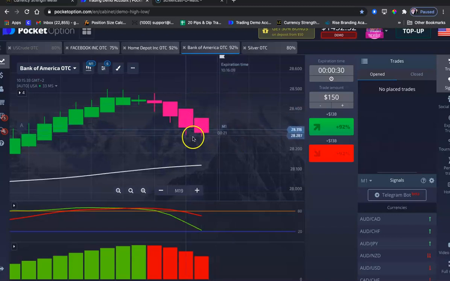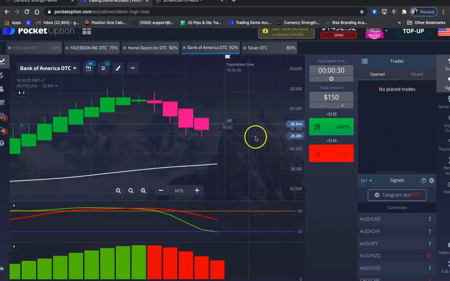I'm doing good. I'm not going to press my luck on this candle here, because what is price doing? Price is a quarter of the way on the upside. It might go down. Before I get in the next candle, I'm going to wait at least 15 seconds to see what that candle is going to do.